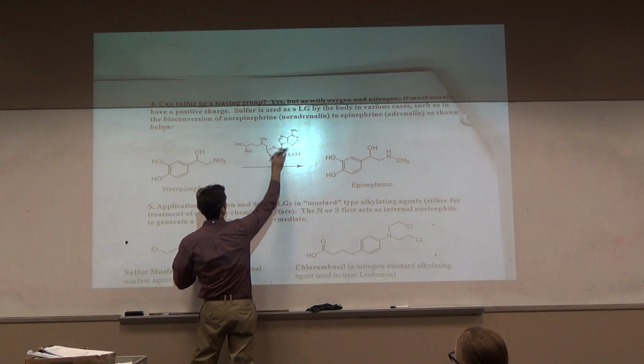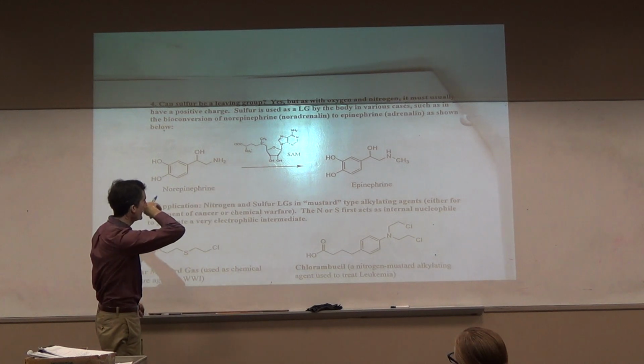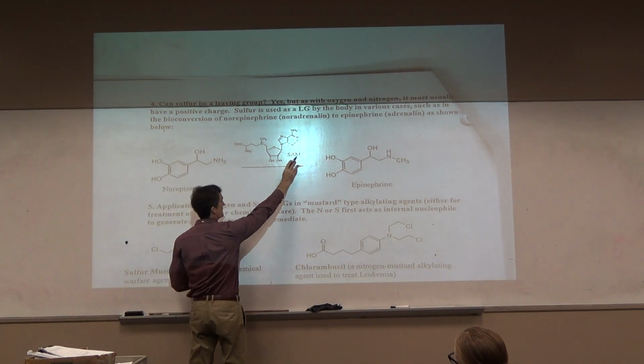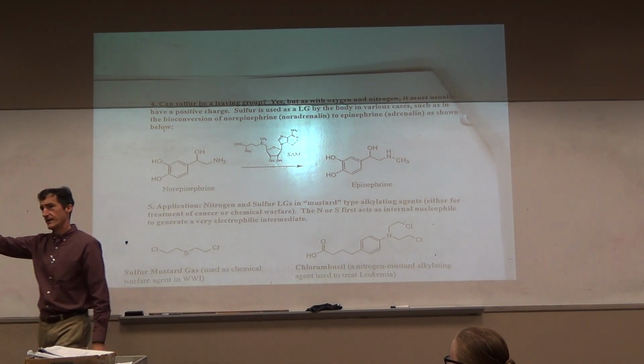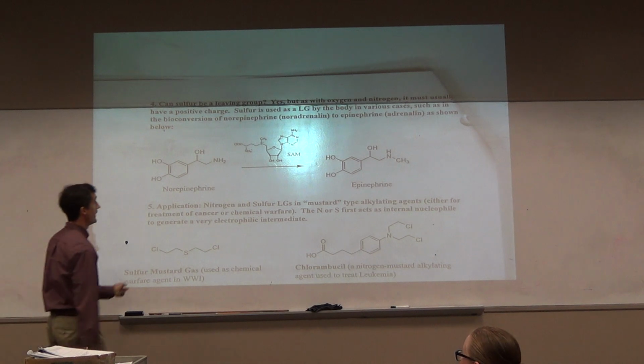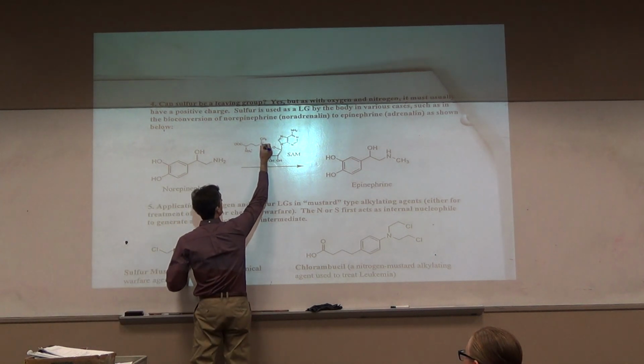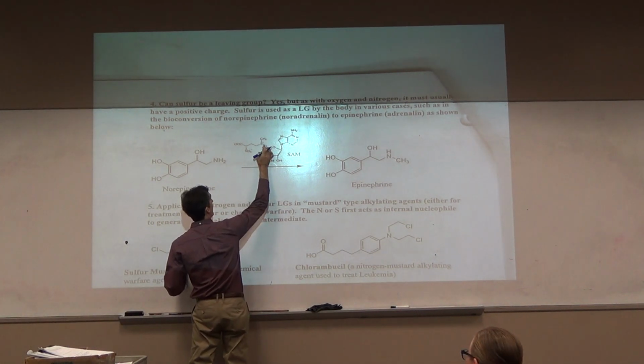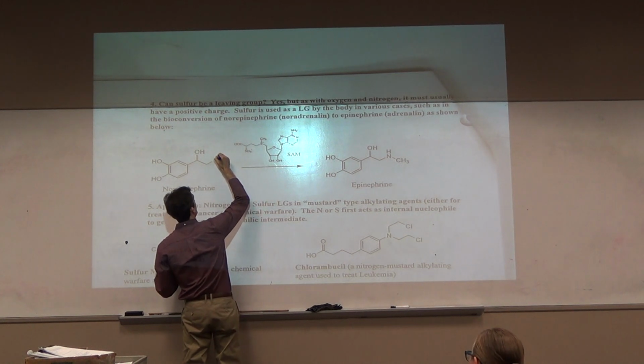Your body has this sort of enzyme or coenzyme called SAM. You can actually buy it in the drugstore, Whole Foods or somewhere, and take it as a supplement. It's got a sulfur here with three bonds, positive charge. One's a methyl.